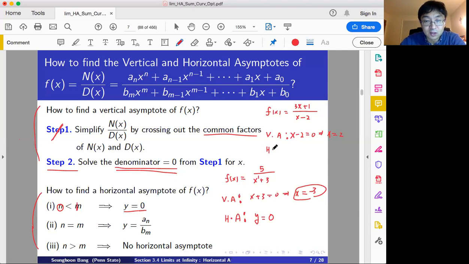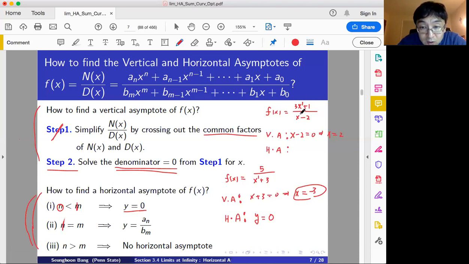The horizontal asymptote. What is the horizontal asymptote? We can use this rule. What's the top power? Top power is 1.